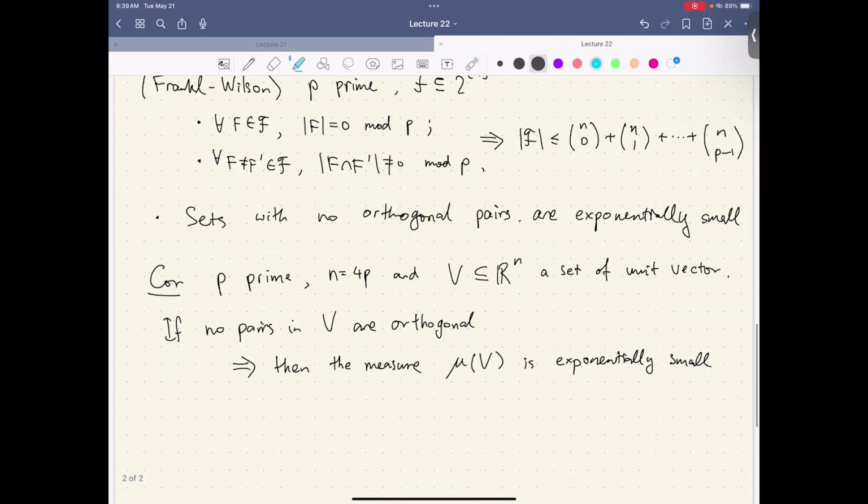Here, by measure, I just mean let's look at the spherical surface measure and then normalize it to 1. Because to be precise, this is on the unit sphere. The normalized spherical measure is rotationally invariant.